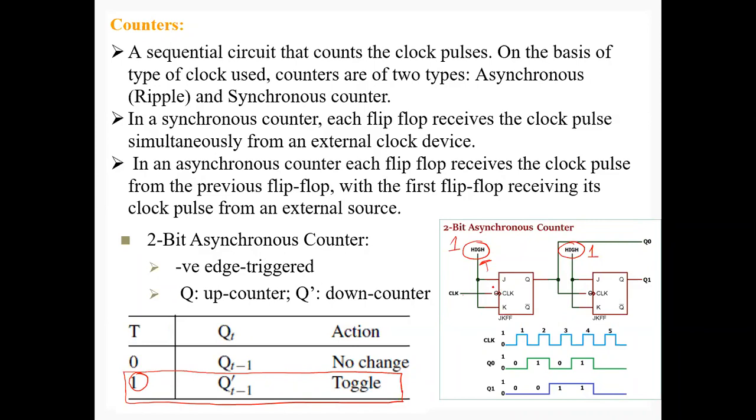That's how you make a T flip-flop. You can say JK flip-flop or you can say T flip-flop. If T is high, meaning J and K both are high, then what is the nature of that flip-flop? It works in toggle mode, right? That's how it works. All right, so let's see how it works.